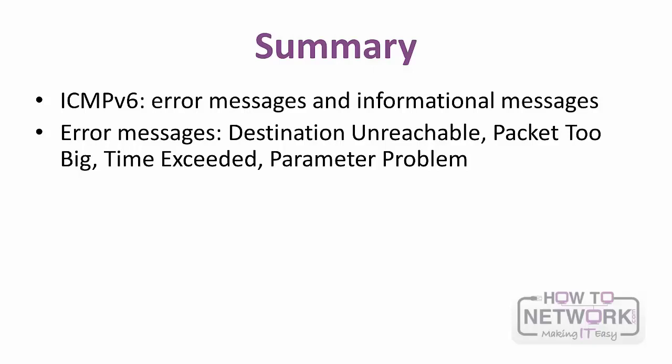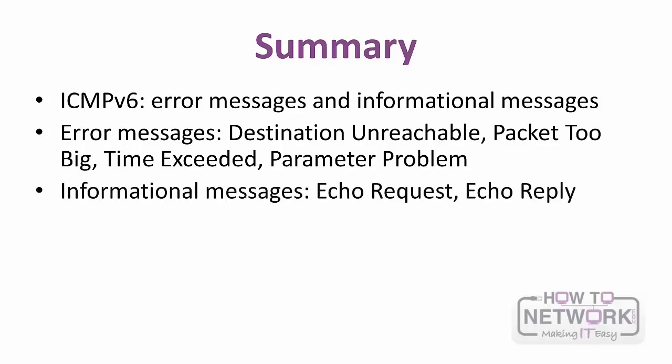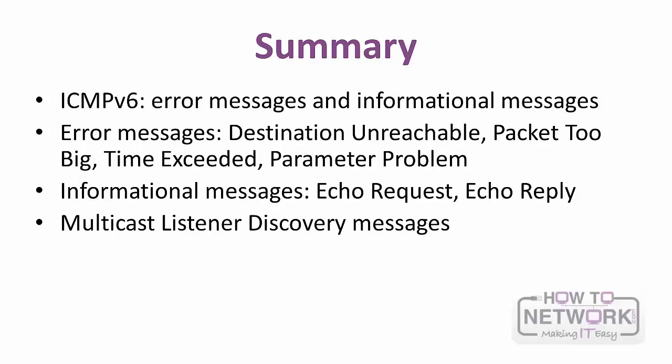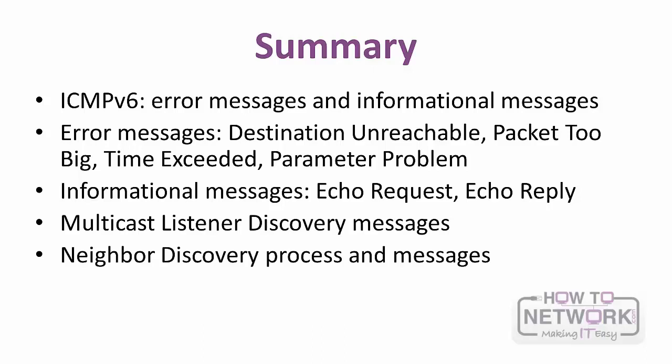The ICMPv6 informational messages covered were echo request and echo reply. Multicast listener discovery messages were also examined. Neighbor discovery processes and its messages were discussed in detail. Wireshark was used in a lab exercise to provide a closer look at messages discussed in this lesson.